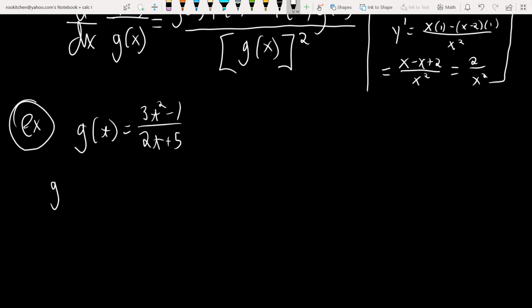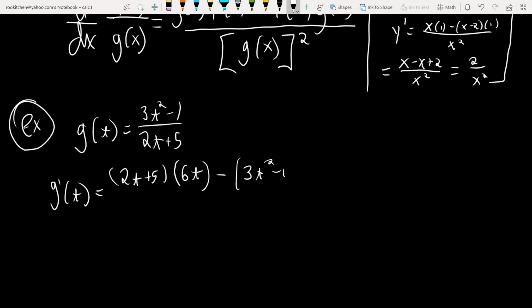Okay, so I got g prime of t equals the bottom times the derivative of the top, 6t minus 0, this is just 6t, minus the top, 3t squared minus 1, times the derivative of the bottom, 2, all over the bottom squared.